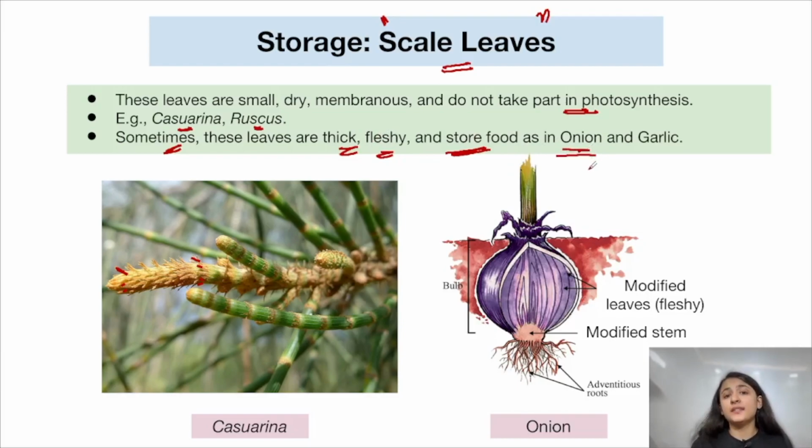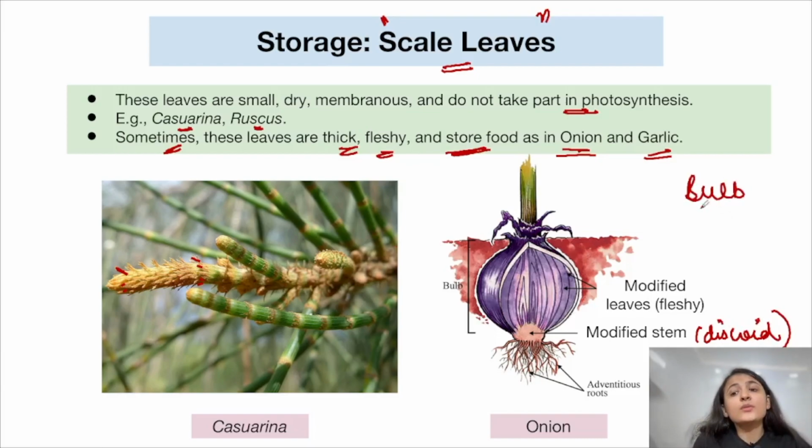As seen in onion. We all consume onion, garlic, right? So this is the example of onion. See, now onion has a modified stem also, a discoid stem. The stem is reduced in onion. We saw in stem modification that onion is the bulb. It is an underground stem modification. It also has certain leaves, and the part that we consume is the leaf part of the onion, right?